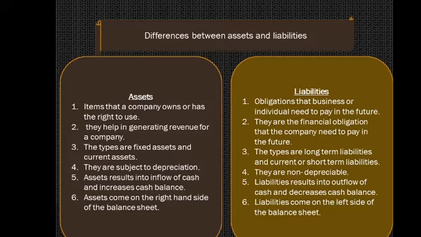Alright, let's move to the differences between assets and liabilities. What are the differences? Number one, under assets, assets are those items that a company owns, those things that belong to them.